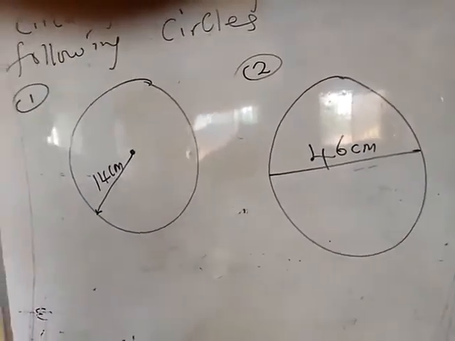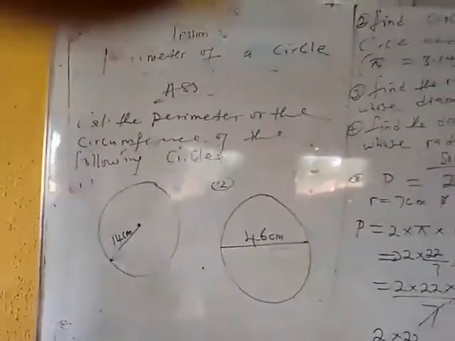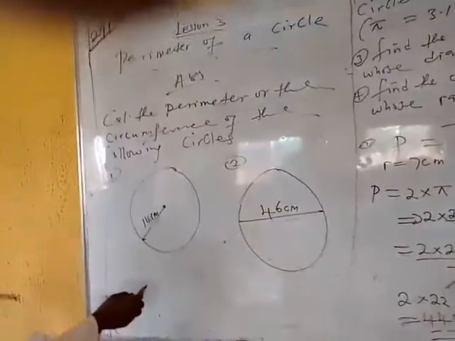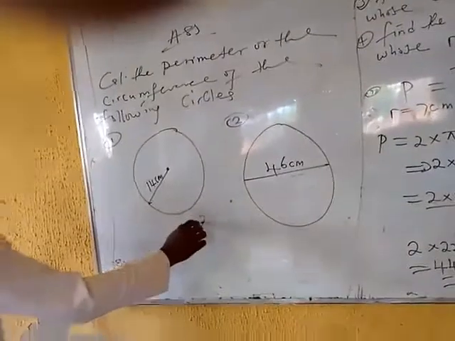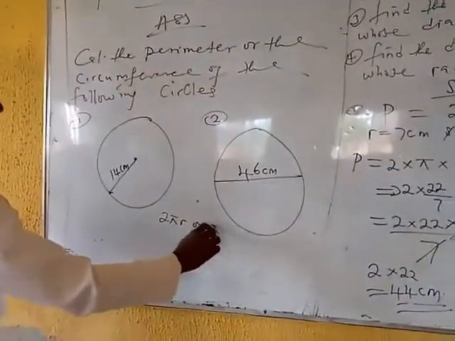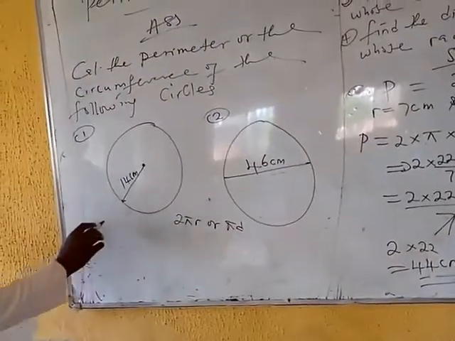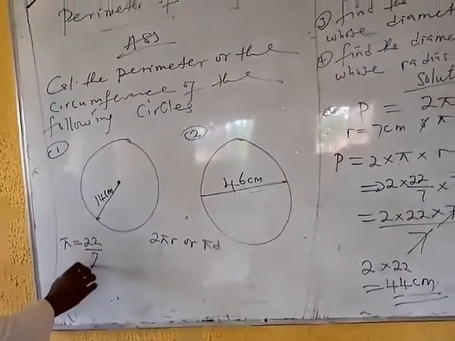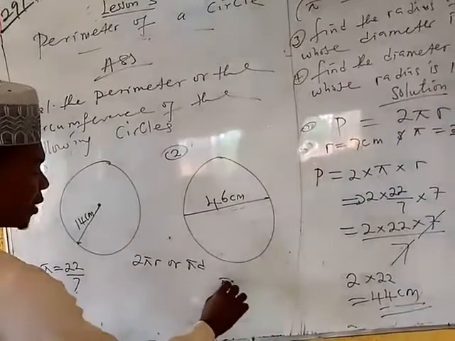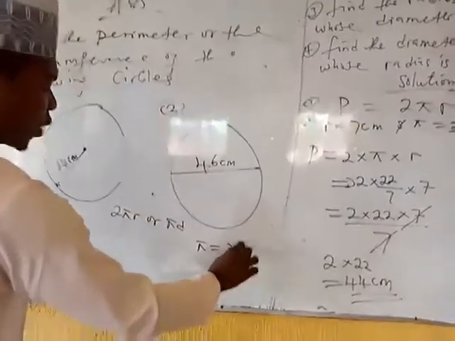So you can use any of the formulas, 2 pi r or pi d. This one, take pi to be 22/7, and here take pi to be 3.14.